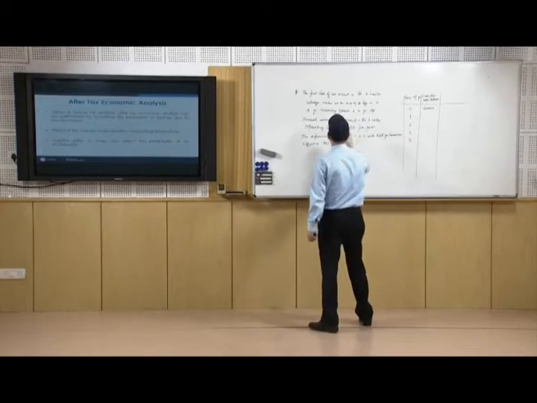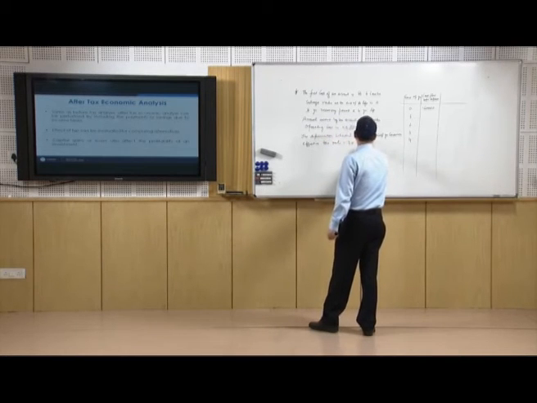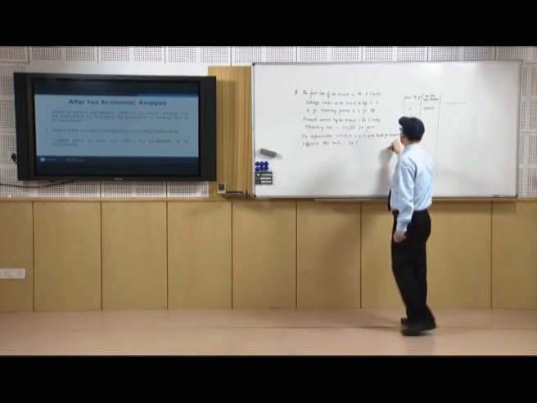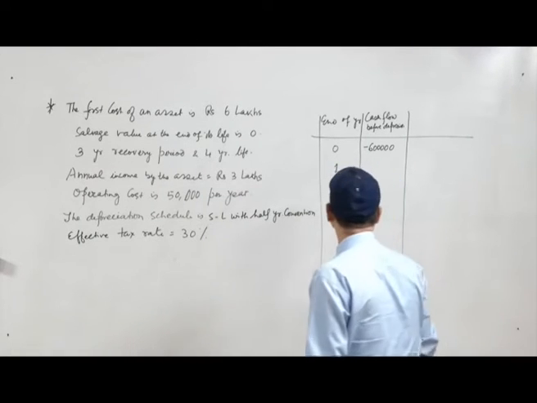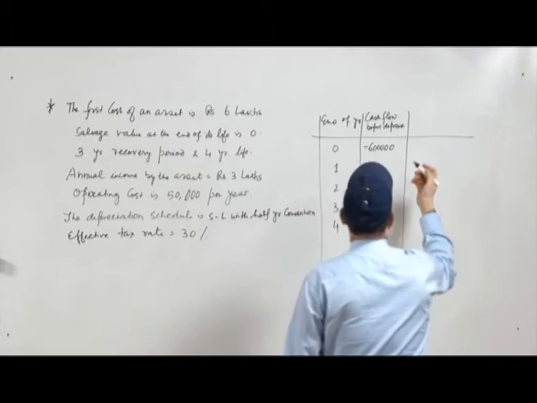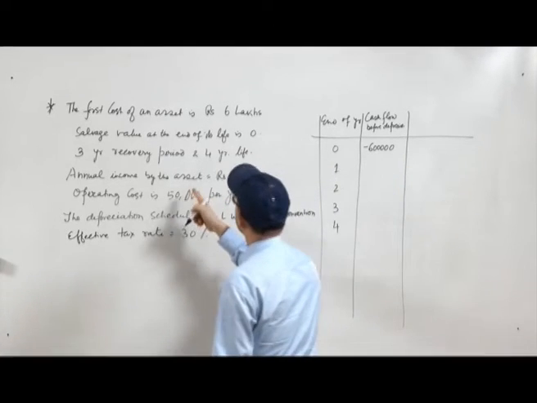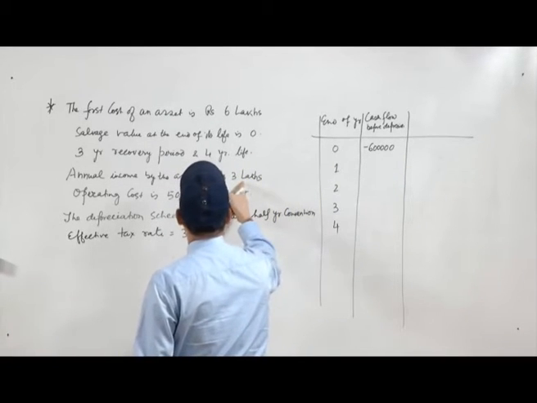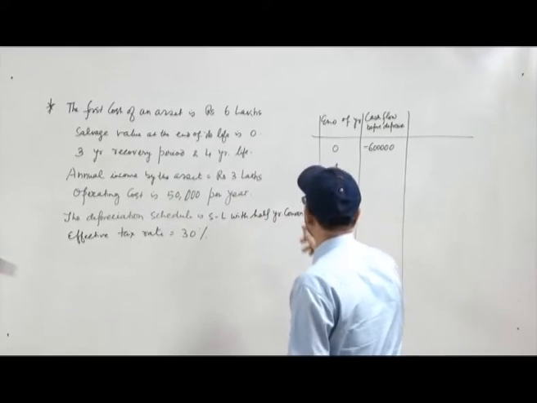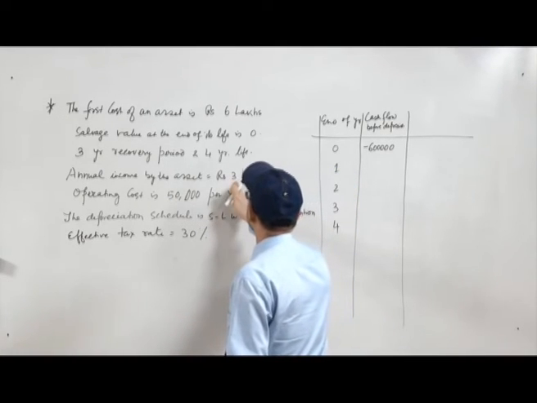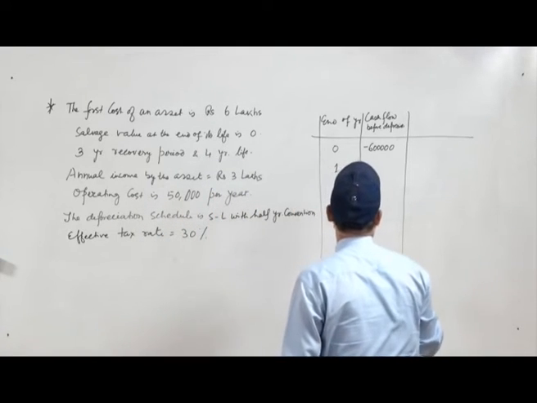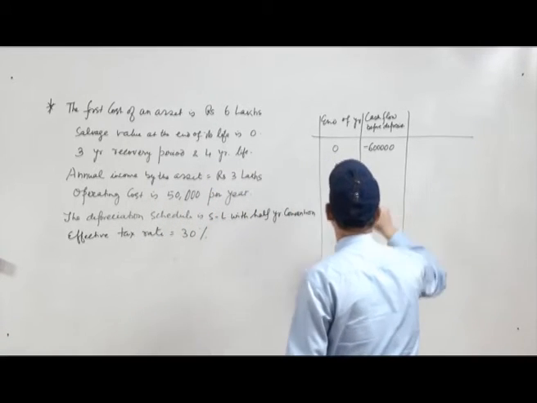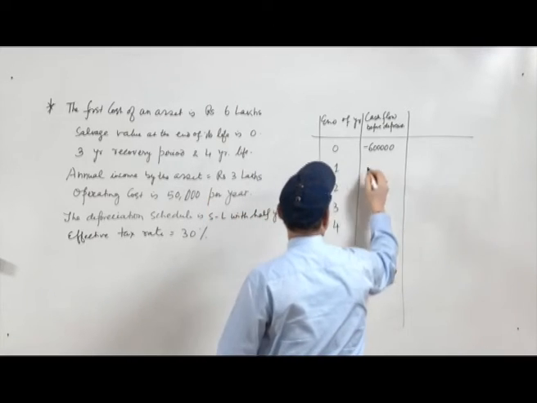The depreciation schedule is straight line with half year convention, so it goes up to the 4th year. Now you have income from the asset of 3 lakh and operating cost of 50,000. So, the income basically is 2,50,000.